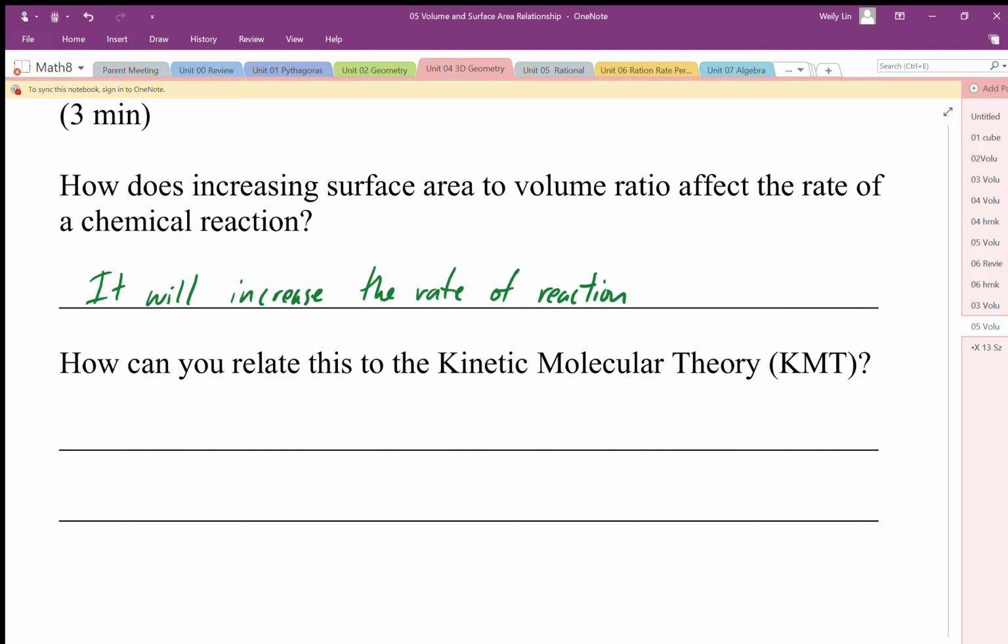So this relates to kinetic molecular theory in that the more surface area allows for greater molecular interaction.